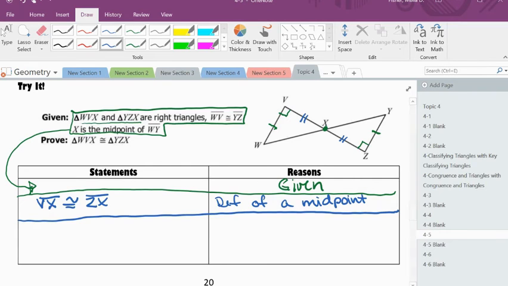And then we can determine that the triangles WVX is congruent to triangle YZX by the hypotenuse leg theorem.